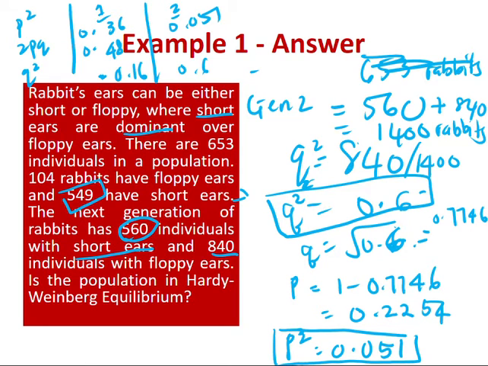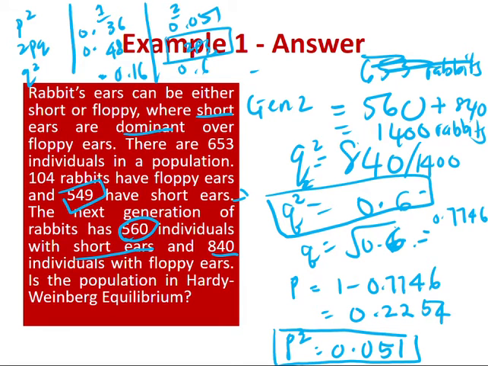Even without calculating 2pq, the heterozygous value, for the second generation, the values have changed.